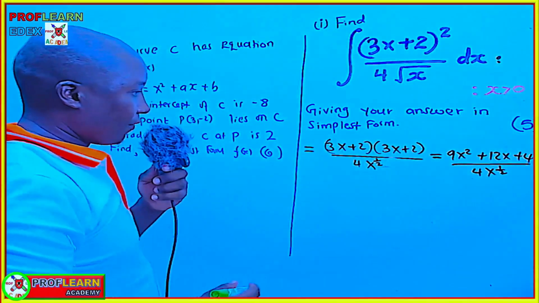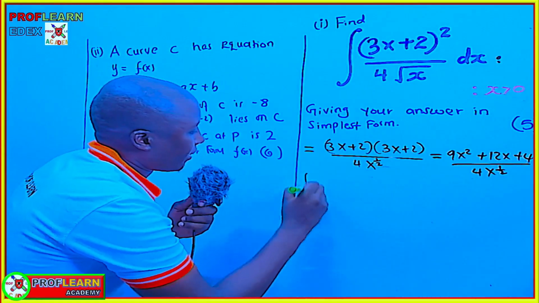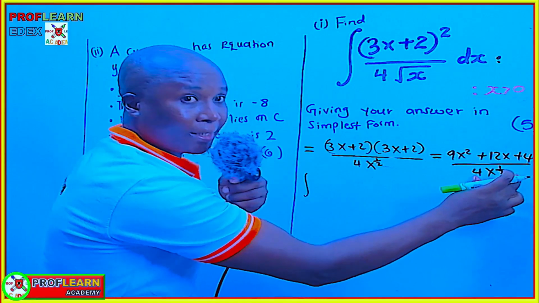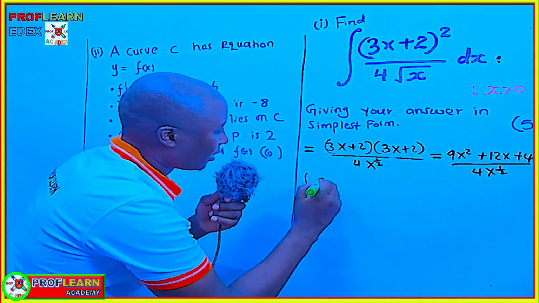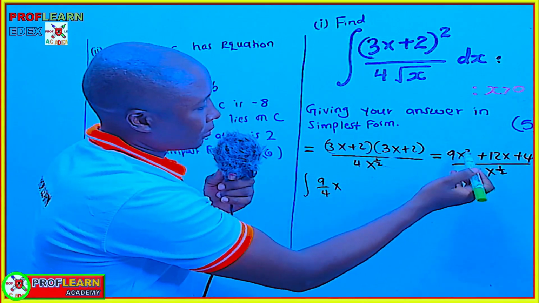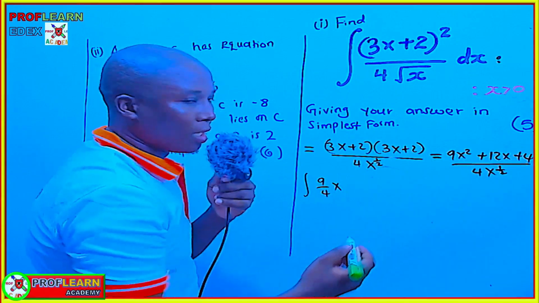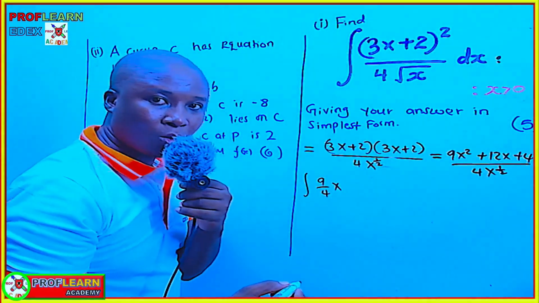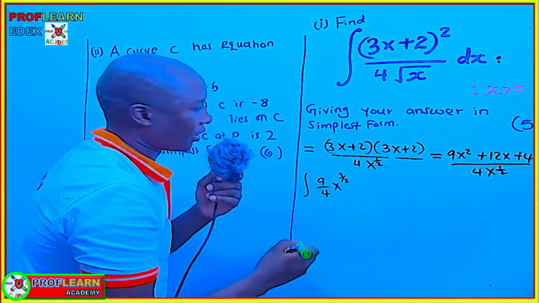Now, once we have this, what we need to realize is that our integral is going to be the first term divided by the expression that we're having at this point, and this is going to be 9 over 4 x raised to power what? This is x power 2 and x power half, so meaning we're going to subtract the powers. So this is going to be 2 minus 1 over 2, and that's going to be 1.5, and that is exactly going to be 3 over 2.